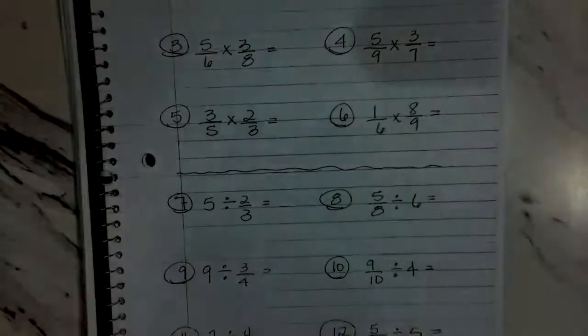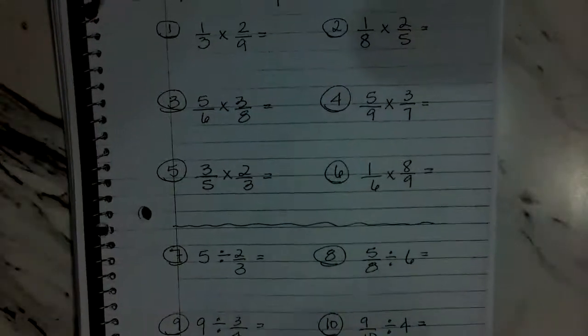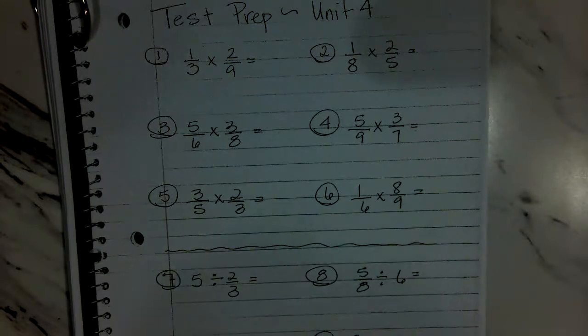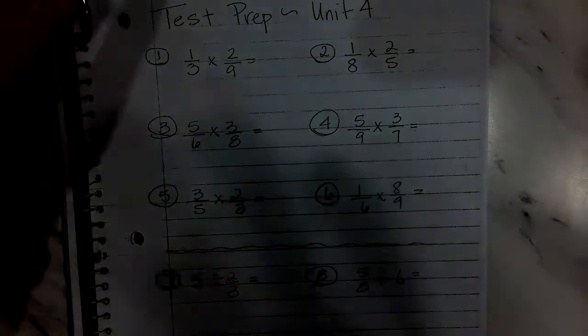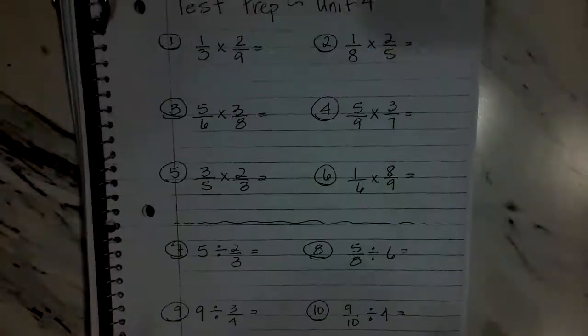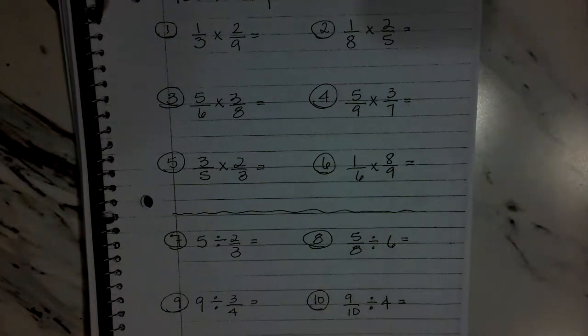So I'm not going to sit and solve all of these for you with you right now. Instead, you're going to write these problems down. You're going to solve them. Then you're going to come back and check to see how you did. Okay? So if I just keep doing it for you and you're not taking on the responsibility of actually working the problems out independently, you're not going to do well.